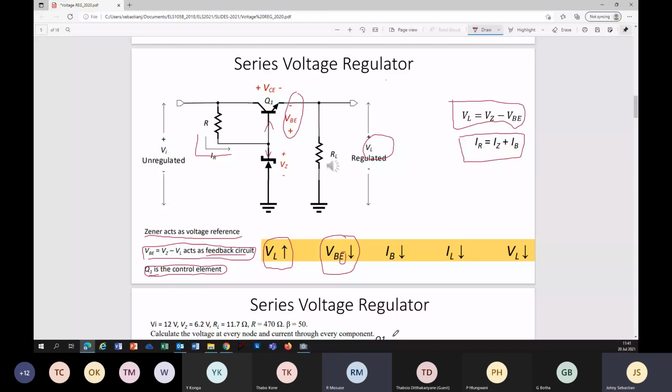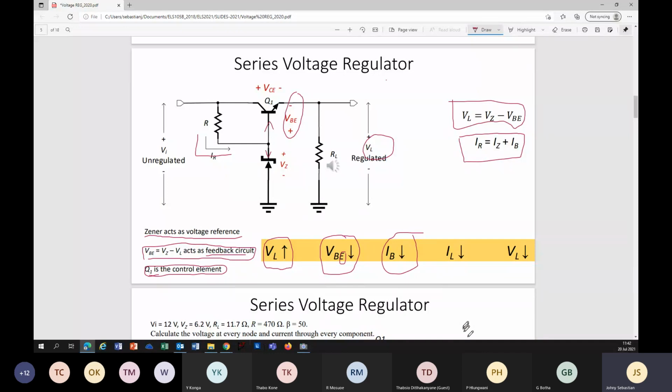Silence. So it will decrease. It will decrease because VL increasing means voltage at the emitter increasing, and voltage at the base is Zener diode voltage remaining constant. So VBE will decrease. VBE decrease means base current decreases.